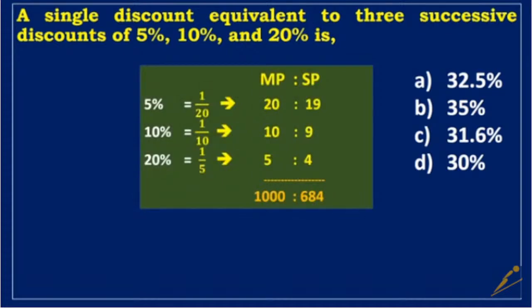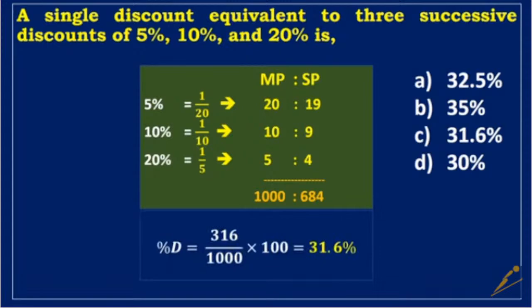When we multiply these ratios together, we get 1,000:684 as the overall ratio. The difference between the marked price and the selling price is 1,000 minus 684, which is 316 units. The overall discount percentage is computed as 316 divided by 1,000 into 100%, which equals 31.6%.